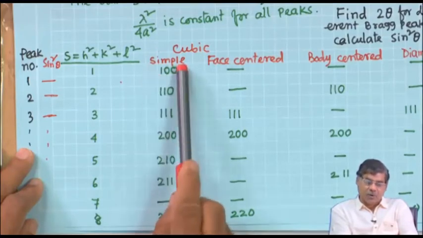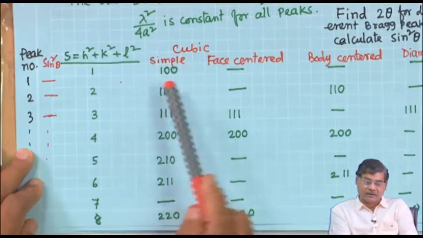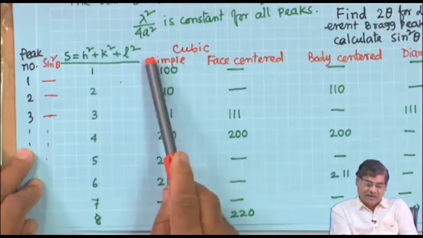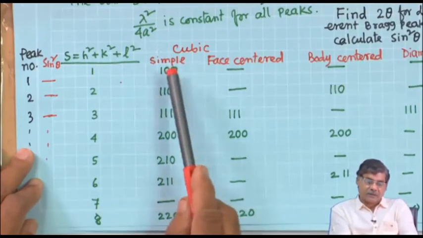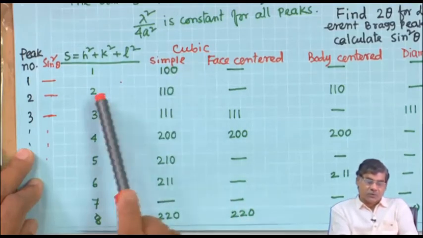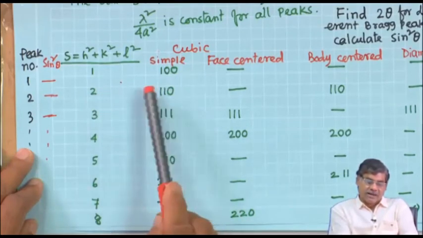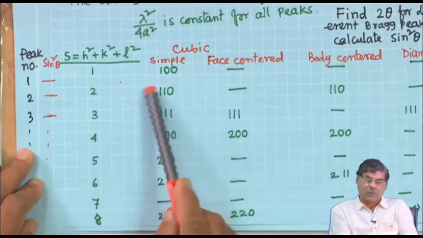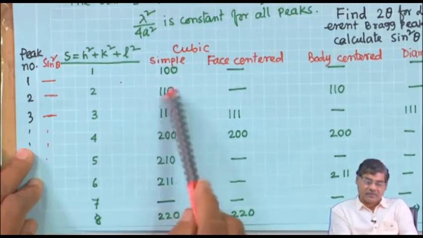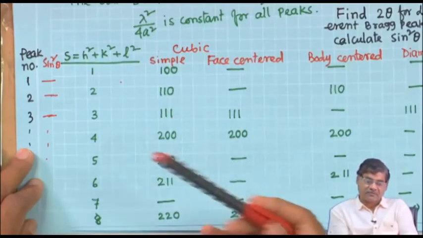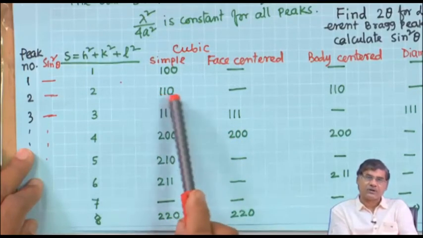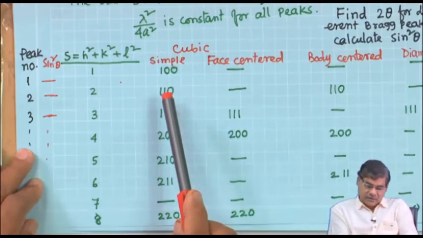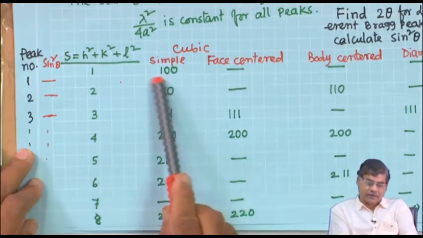It is not one plane, but a family of planes that we write in second bracket, 1 0 0. For 2, the only HKL value can be 1 1 0. Again it is not one plane, it is a family of planes like 1 1 0, 1 0 1, then 0 1 1. Okay.